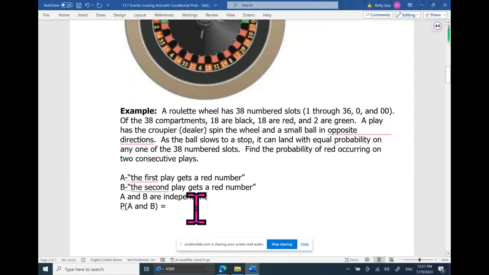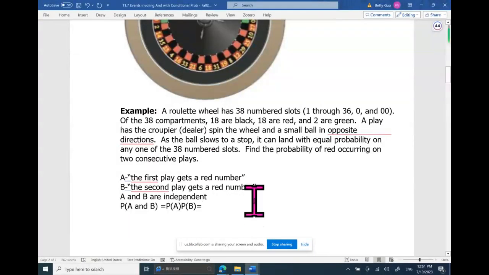So based on that, the formula we're going to apply is P of A times P of B. How do we find P of A? The probability that we get a red number.